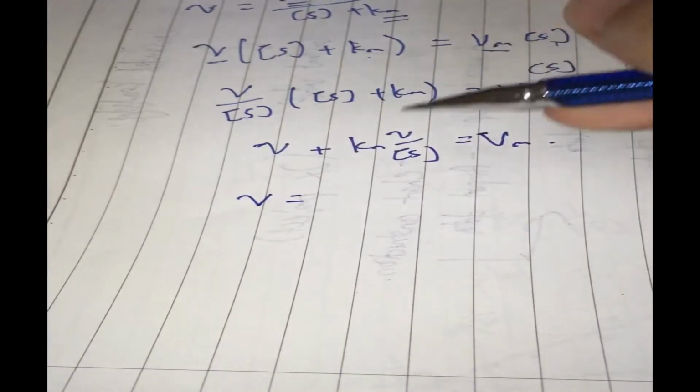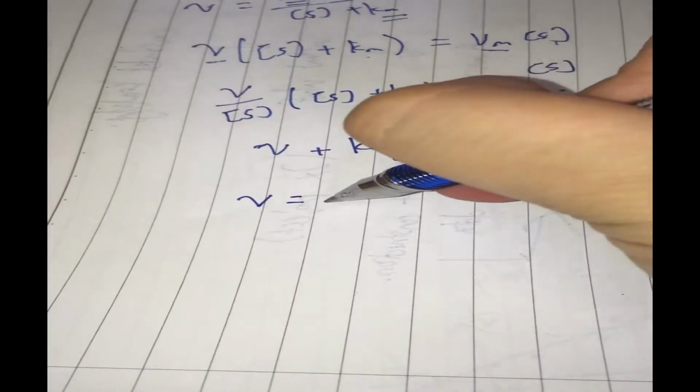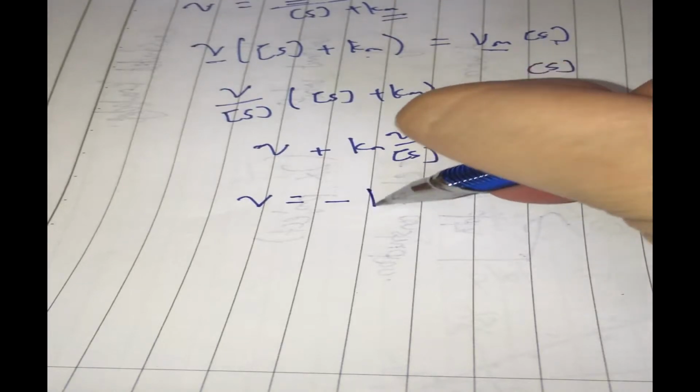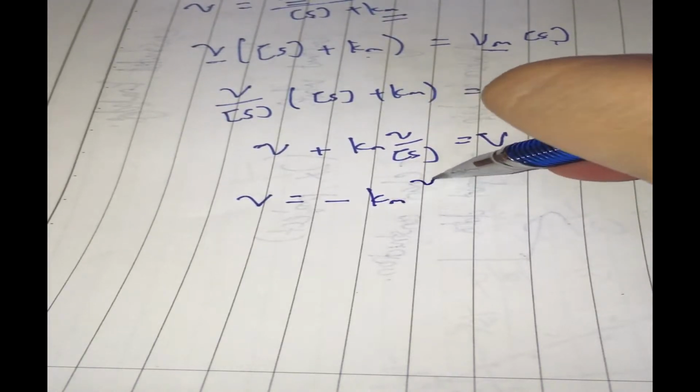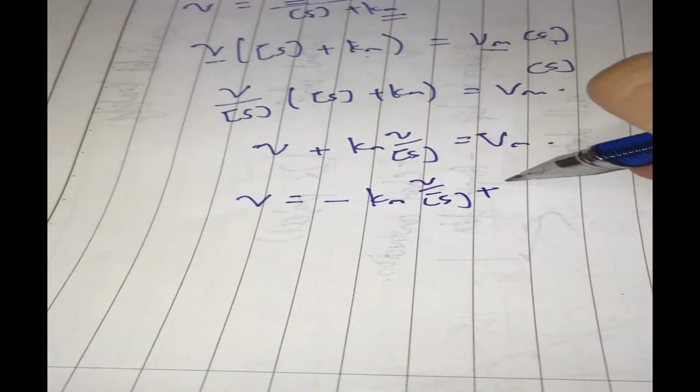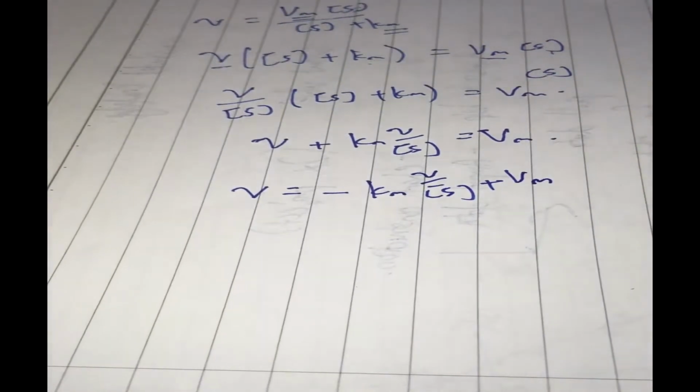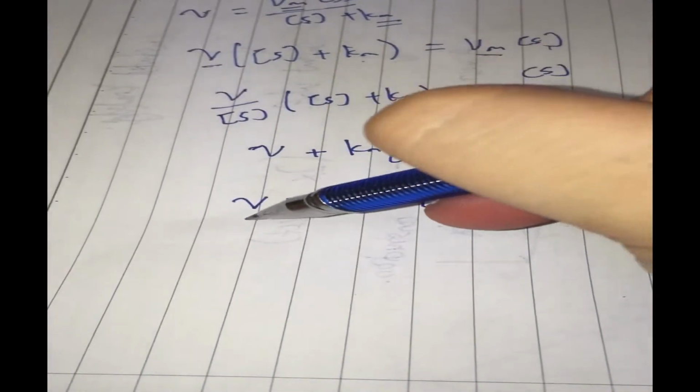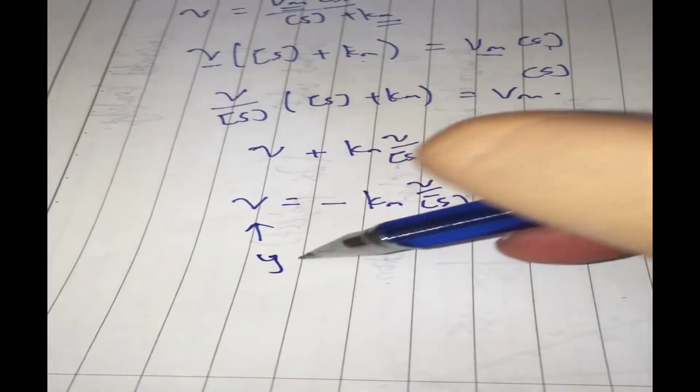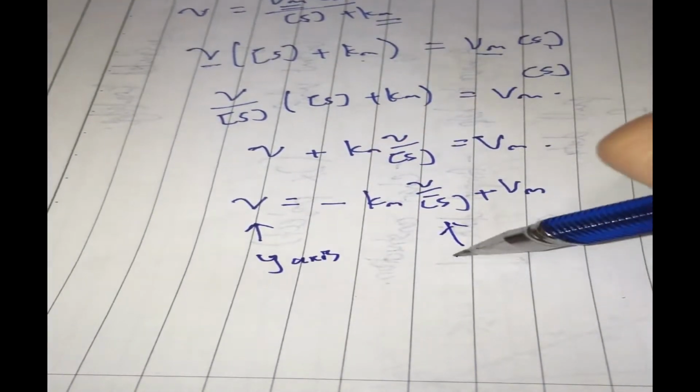So let's just do this. Let's shift this to the right hand side. And there you go. You have this becoming your y-axis and this becoming your x-axis.